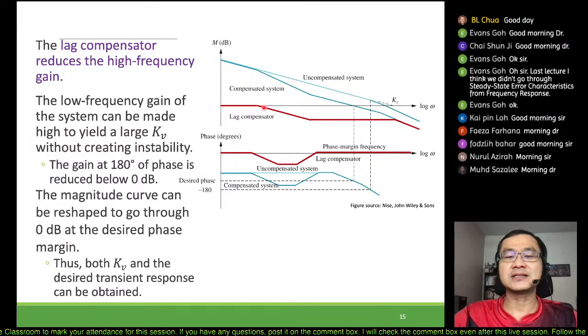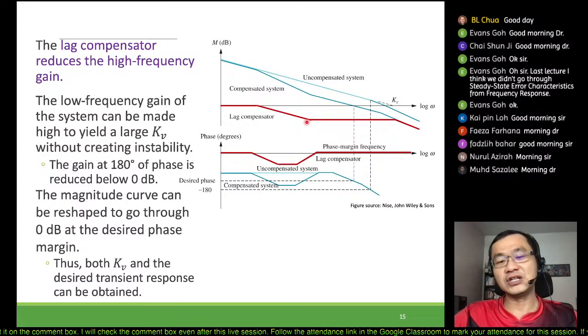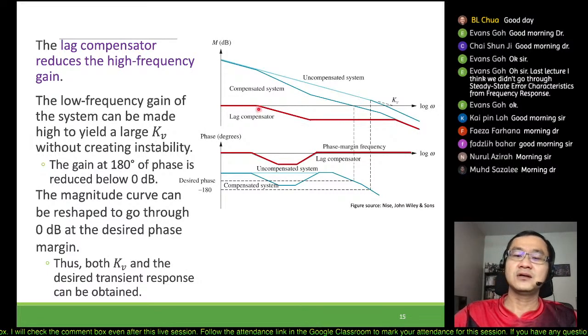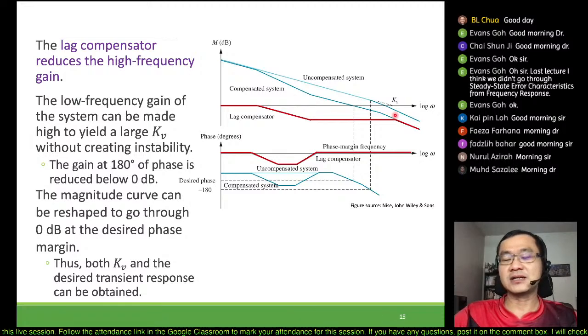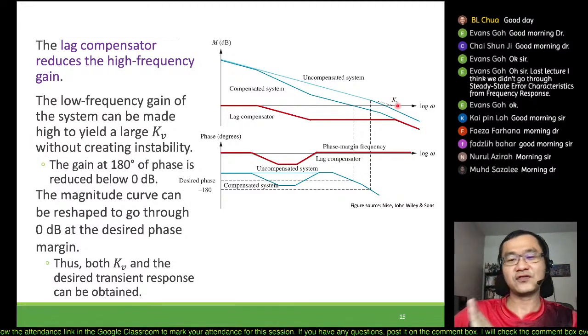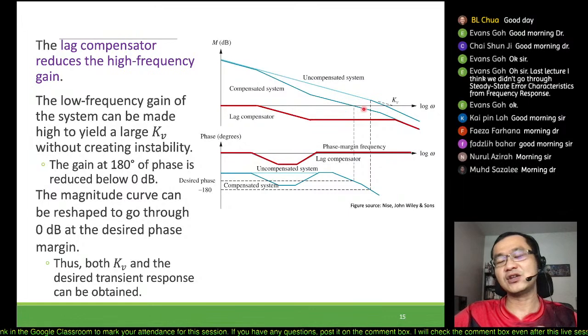You can see that for the lag compensator, if we put a 0 at the beginning, it doesn't change, but after that we want to reduce this value to a negative value, so that this line will now decrease, so that it shifts the Kv value forward, right?